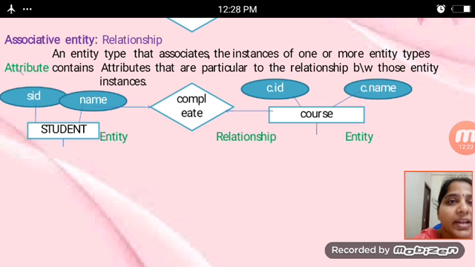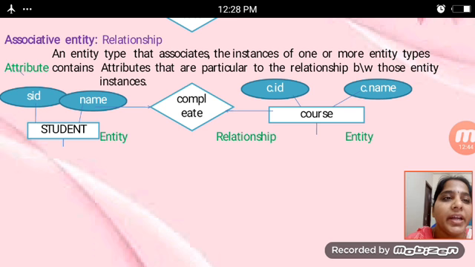Student has SID and SNAME; student is an entity. Complete, the rhombus symbol I am indicating here, is a relationship. The other one is course, having CID and CNAME; course is also an entity.